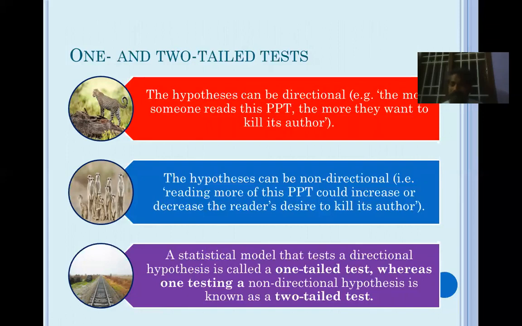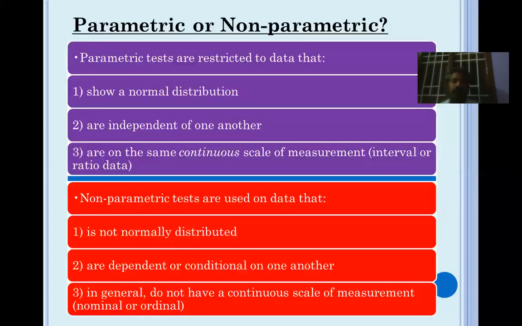I have to conduct a test. Either it can be positive, it can be negative. Either it can be more time spending or less time spending. They may rank it higher, they may rank it lower. They may rate it best, they may rate it the worst. So I don't know how they're going to give their opinions. So when I'm not sure about my direction of results, I should go for a two-tailed test. I think it's fine. Clear.